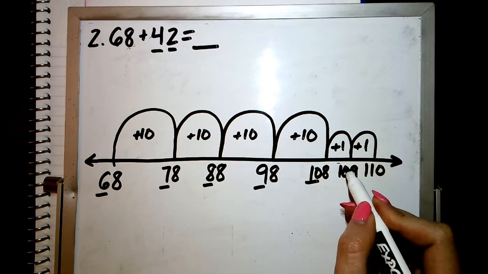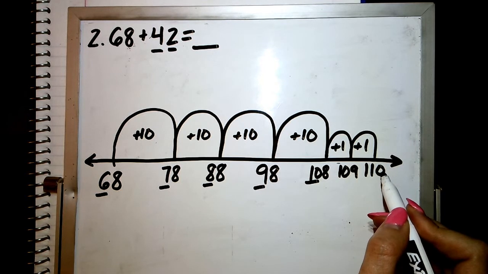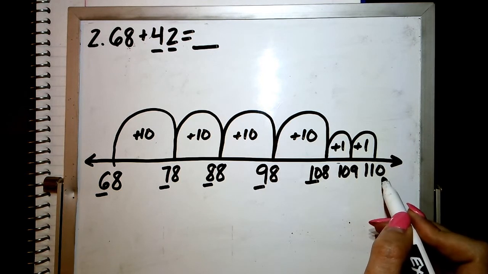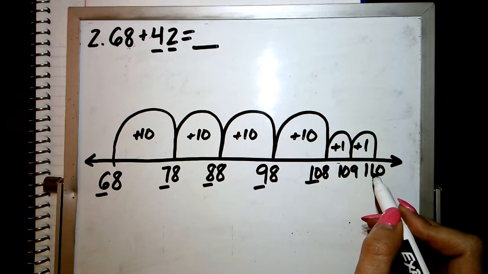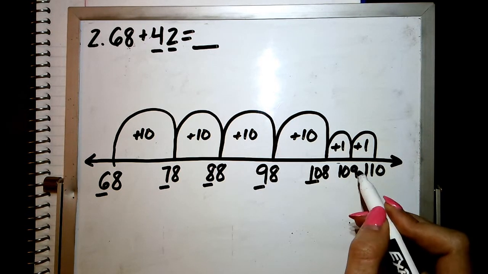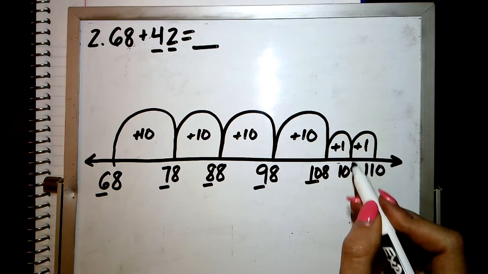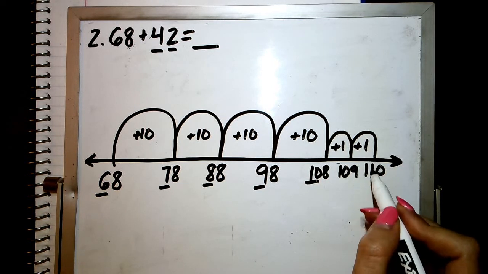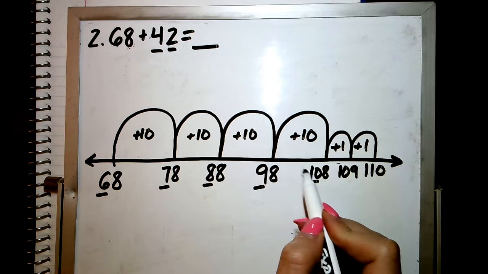Notice how the digits changed a little bit here. We went from 0 tens to 110 and then 0 ones, because now that we have 110, we have 100, one group of 10, but no ones, because these 9 ones here, when we added this one, became 10 ones, which became one group of 10. So it was kind of like when we traded in our 10 tens here for 100.